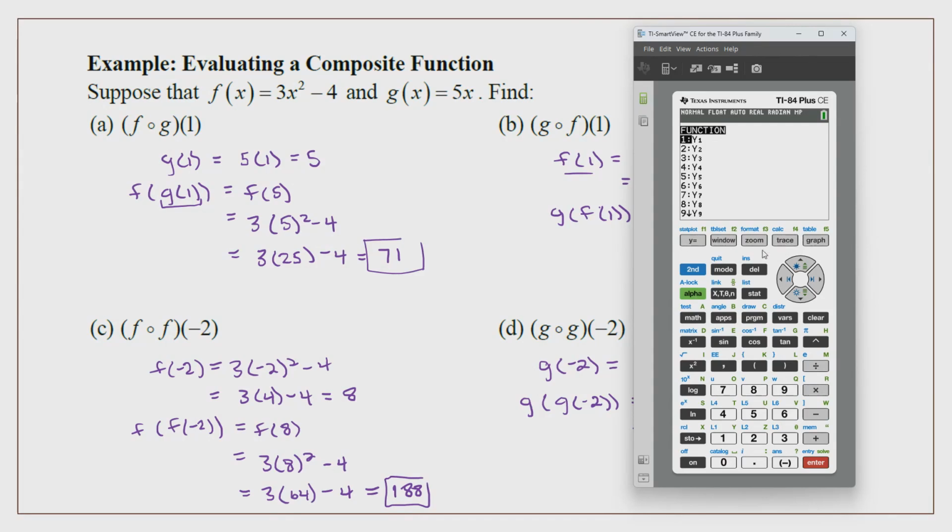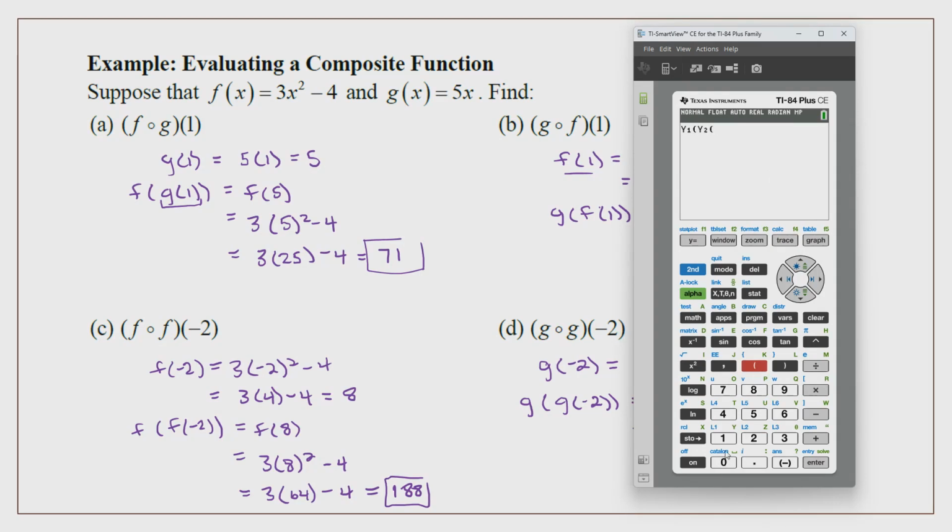All right, so we want to now evaluate f composed with g. F of x is my y1 and g of x is my y2. So first let's enter y1: alpha trace, and I'm going to select number 1. Then I will have a parenthesis, and I'll go back to alpha trace and then y2.